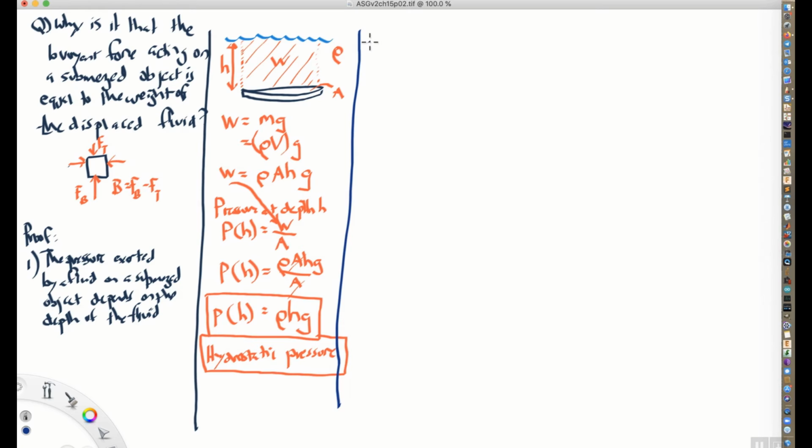Let's continue. So step two of our proof is that the pressure P of h pushes in all directions.